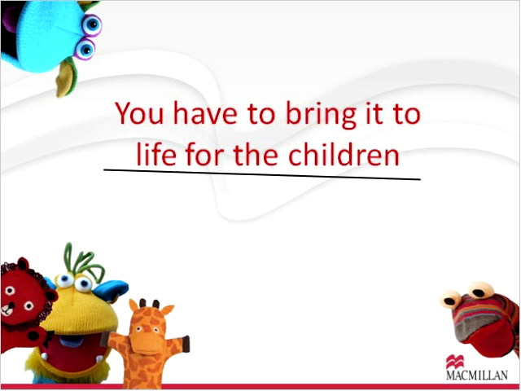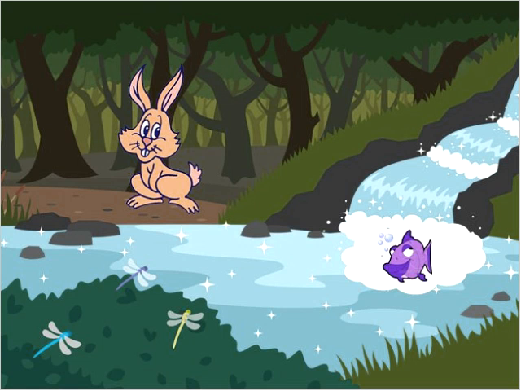So, well, let's have a look. We're trying to bring the whole thing to life for the children. Wow! We start with an illustration. This is a very attractive scene for kids.